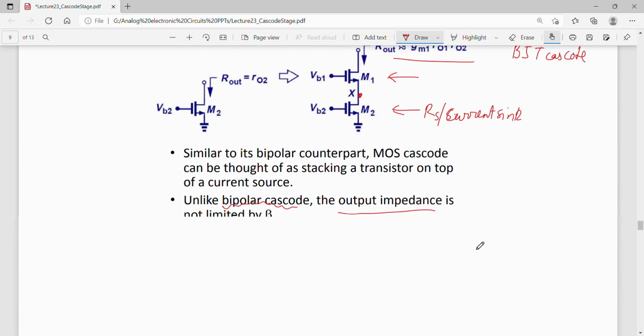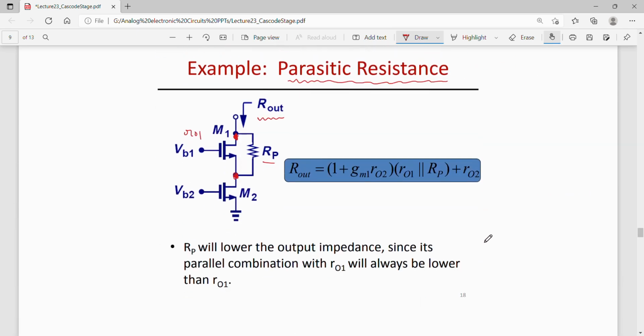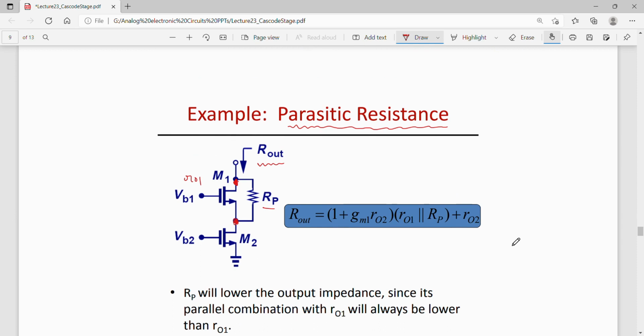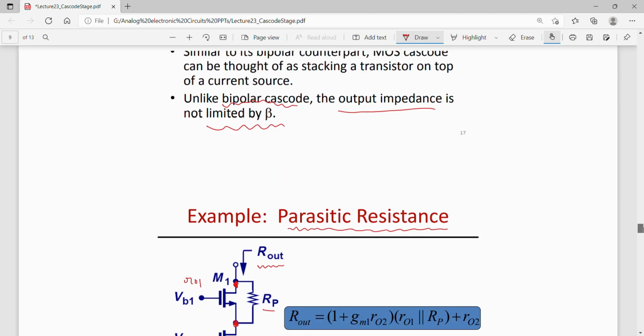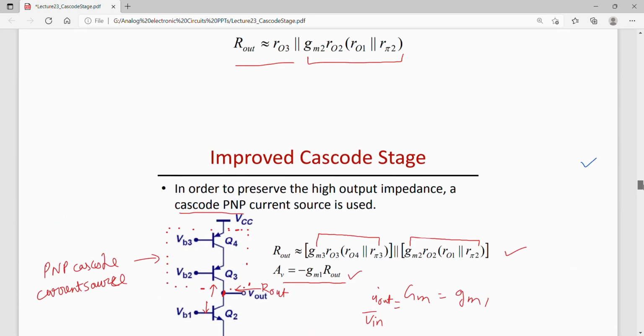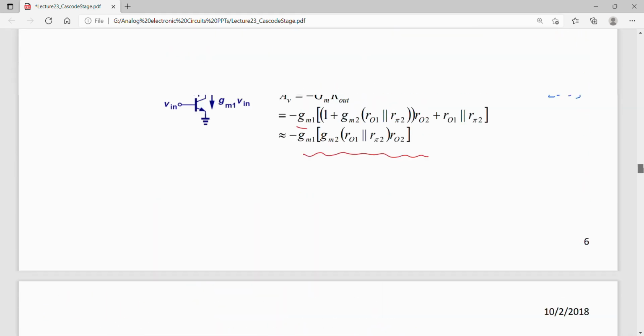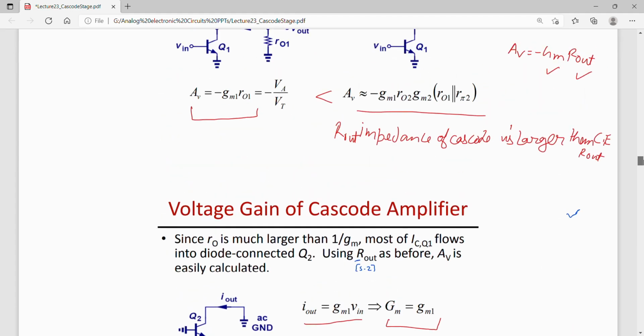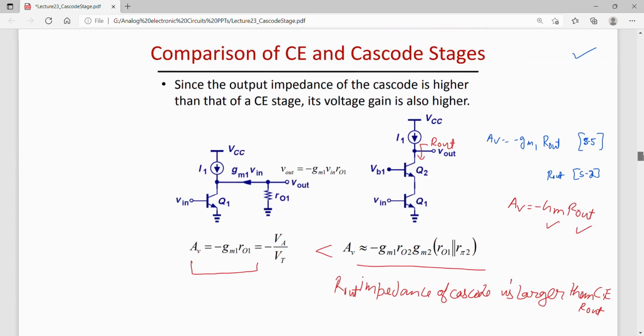So the total output impedance of this stage can be written as, here we have RO1 in parallel to RP. So wherever I see RO1, I have to keep RP in parallel with RO1. So the effect of parasitic resistance is that the total output impedance of the cascode is actually lowered.